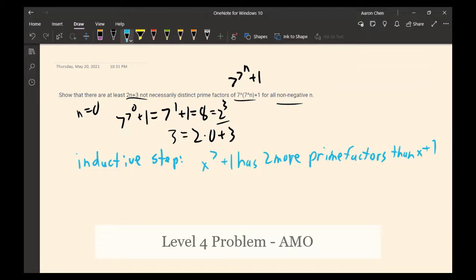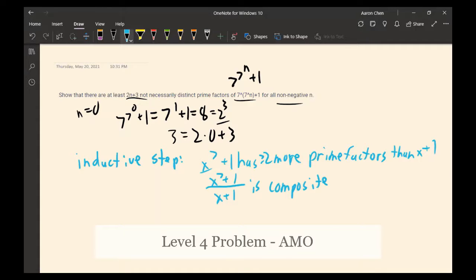And so, in other words, this is also basically just saying that x to the 7 plus 1 divided by x plus 1 is composite. Oh, this is at least 2. And so, of course, there are some restrictions on x, because this obviously isn't always true in general.